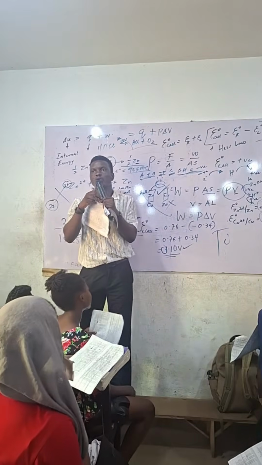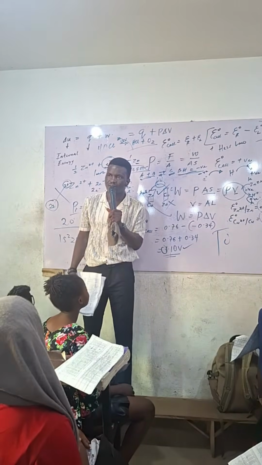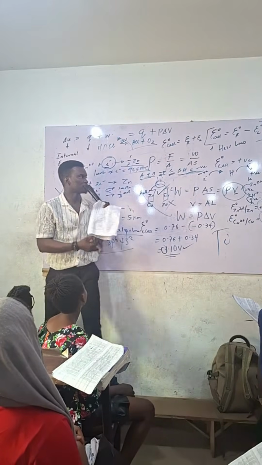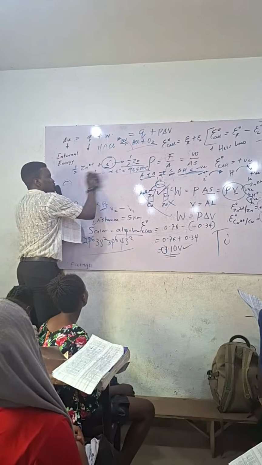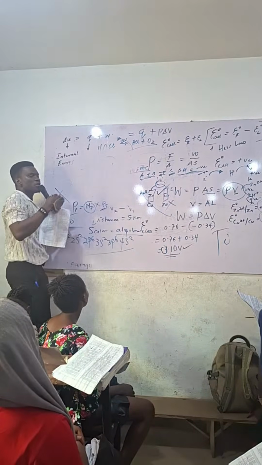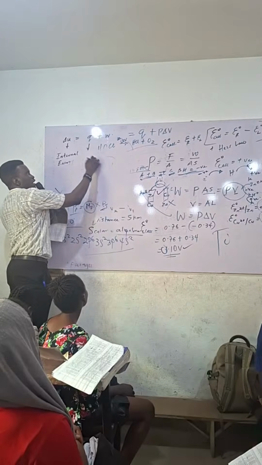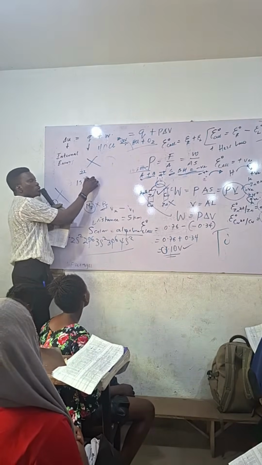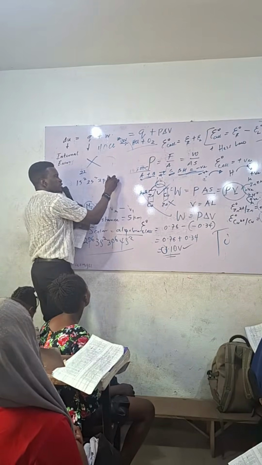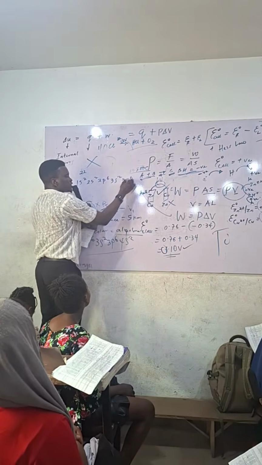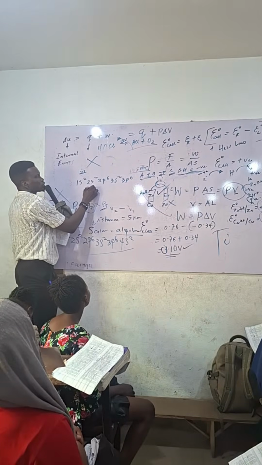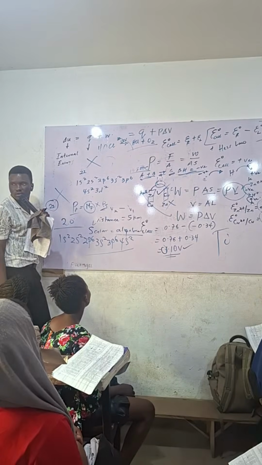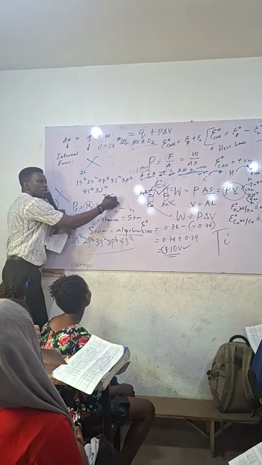One thing you should know about transition elements: if it is a transition element and it is X22, it's going to be 1s2, 2s2, 2p6, 3s2, 3p6, 4s2, 3d2. That's the configuration.